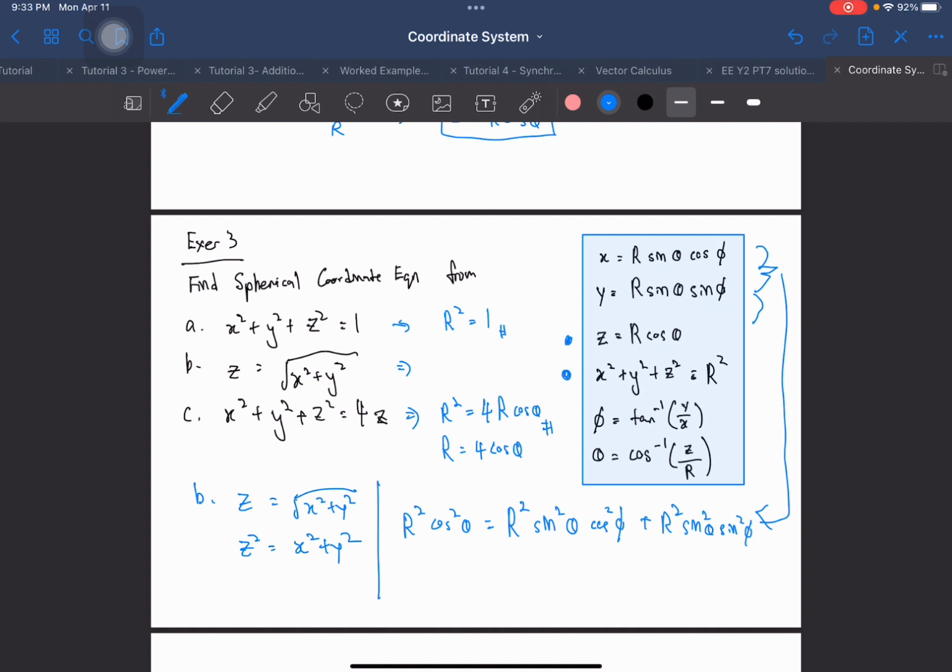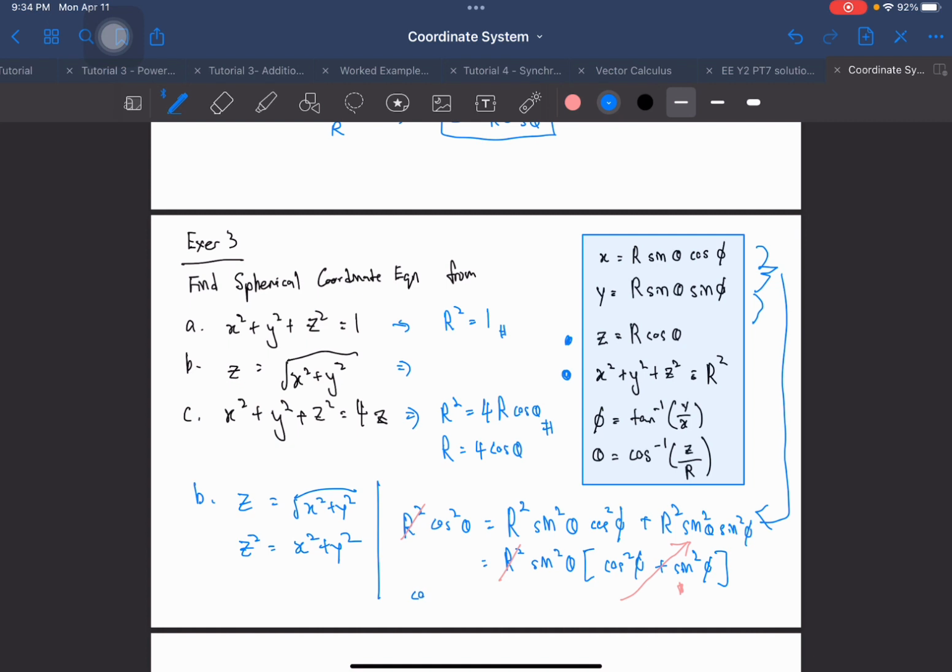If you factorize this out, you've got this. And note that cos square phi plus sine square phi is 1, so we can just take it out. And here, this r squared and r squared cancel out.